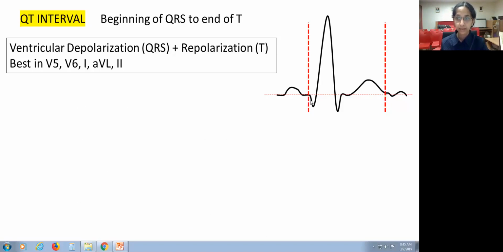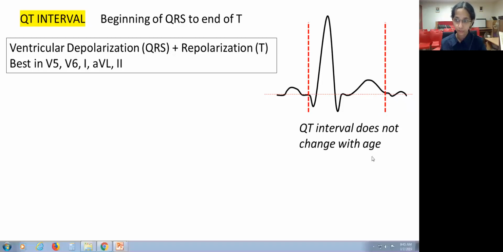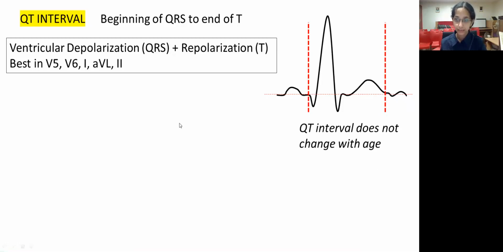And we know that the Q waves are best seen in lead V5, V6, 1 and 2, and hence the QT interval is best measured in lead V5, V6, 1, 2 and lead aVL. Now QT interval is a little different compared to PR interval. If you remember, the last class we discussed that the PR interval changes with age and the heart rate both.